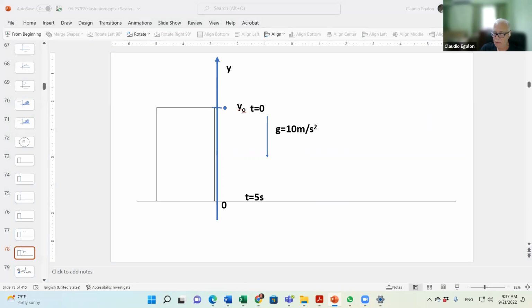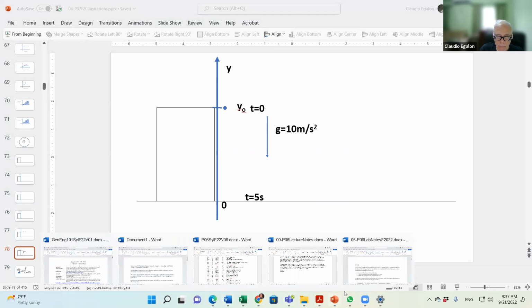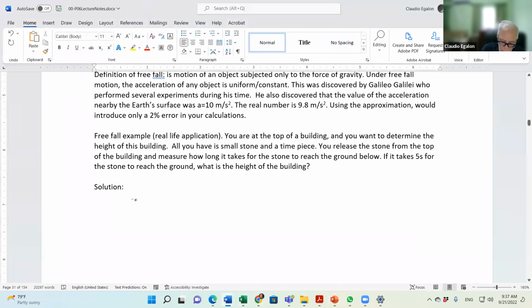So here you go. What do you know? Let's write down what you know, going back to the lecture notes. One, you know the initial velocity. V naught is 0.